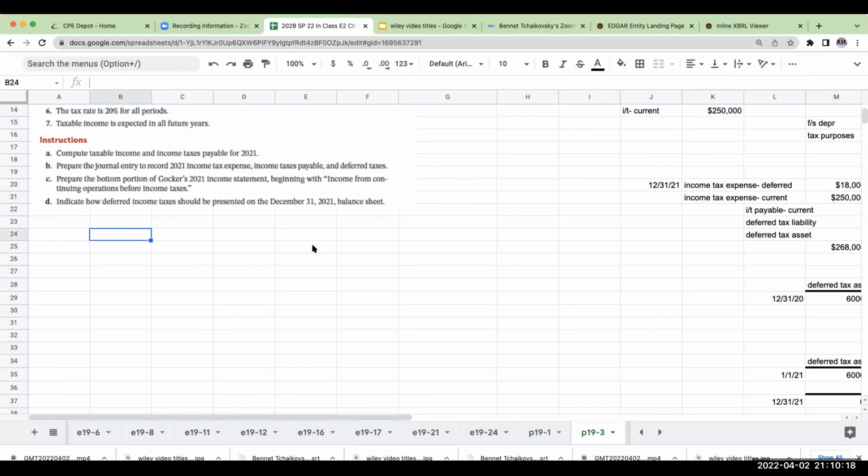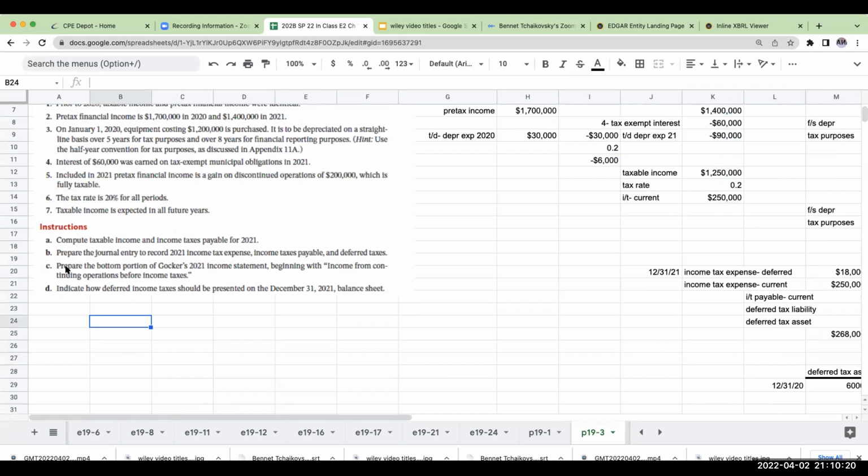Now, what we have to go through and do is to prepare the bottom portion of the income statement, beginning with income from continuing operations before income taxes. So my income from continuing operations before income taxes is going to be how much?